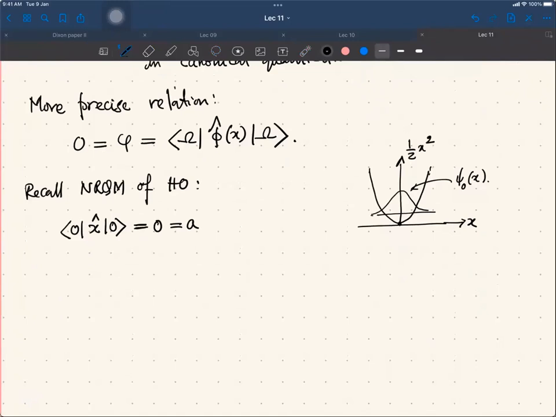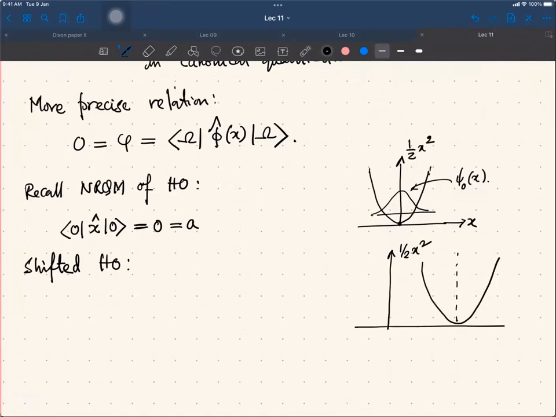So a shifted harmonic oscillator will have the same picture here, half x square, but the potential is now shifted here.